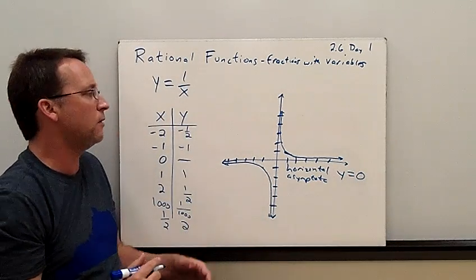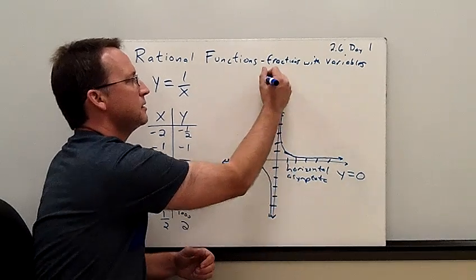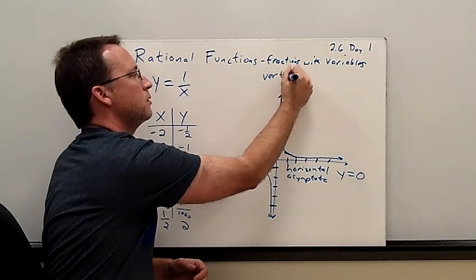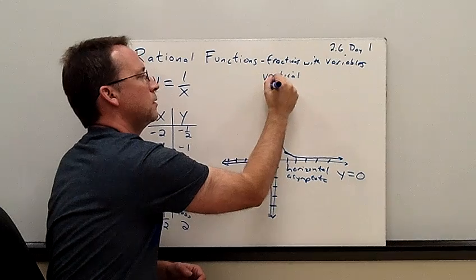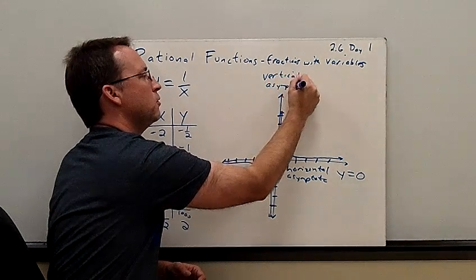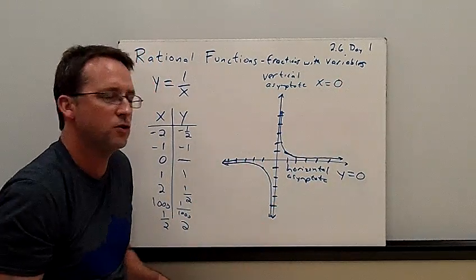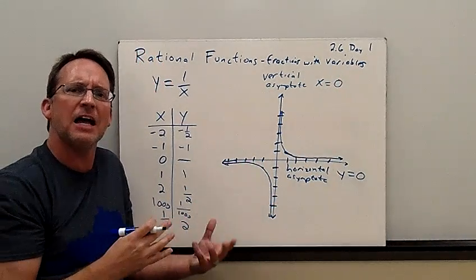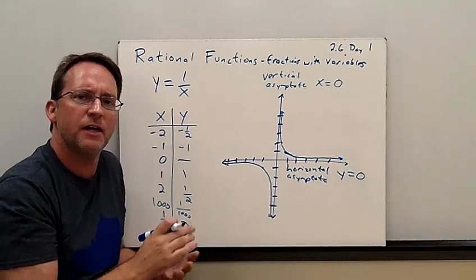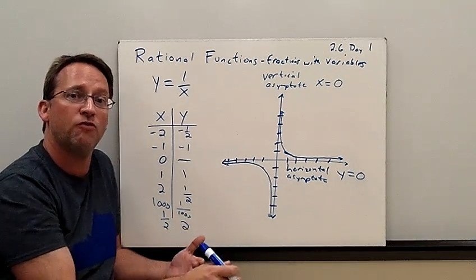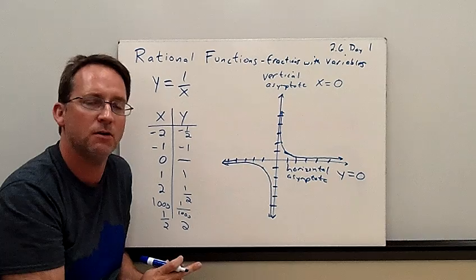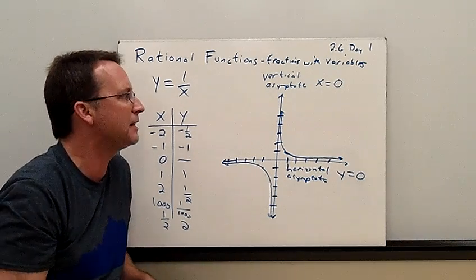We also have a vertical asymptote in this case, the y-axis. Remember, vertical lines are x equals, so x equals 0 is the equation of the y-axis. Those are two guiding lines that help us sketch our graphs. Later on in this section, we might look at some more advanced graphs, and having those asymptotes there serve as a nice guideline for us.